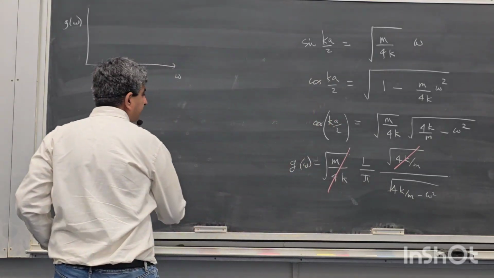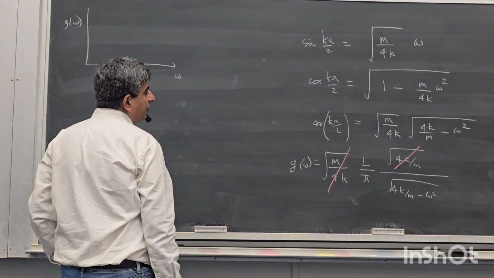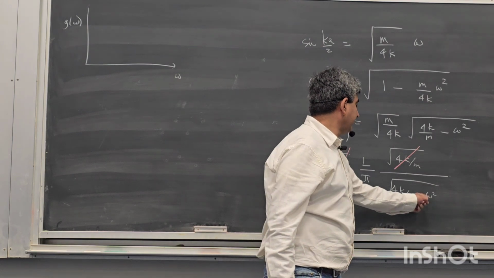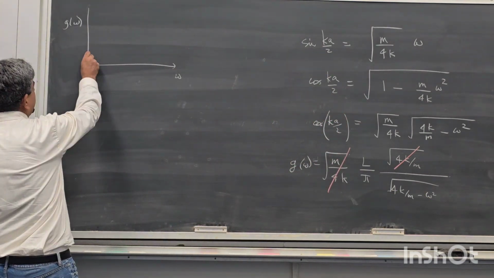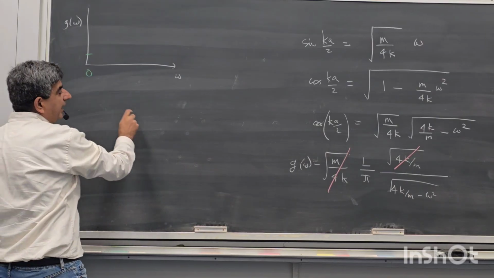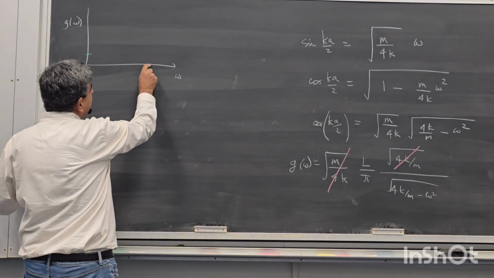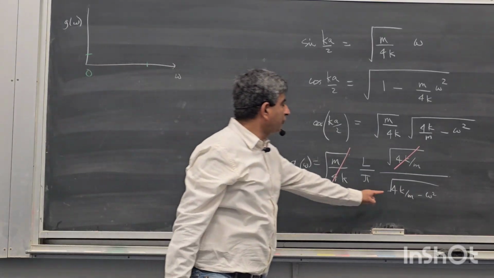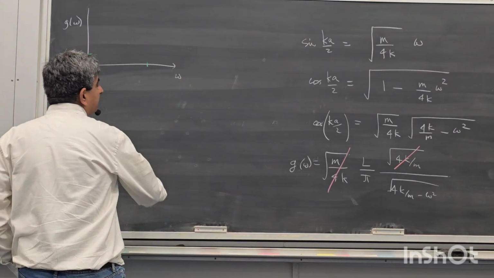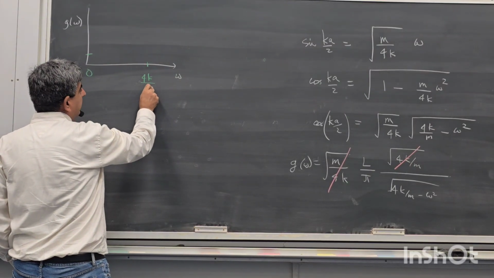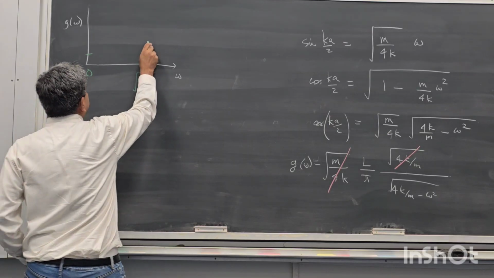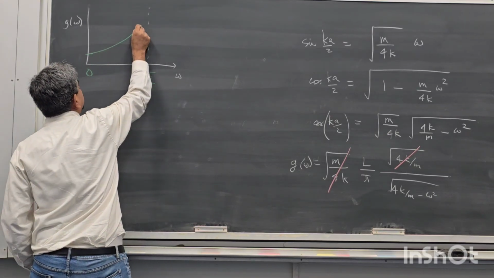So if I plot this, when omega equals 0, I will get some initial value, right? And at omega square equals 4k over m, which is omega equals the square root of 4k over m, this term blows away.